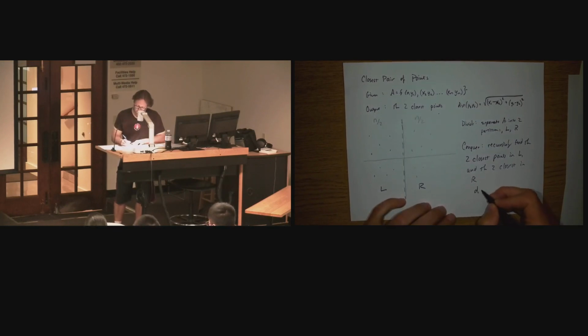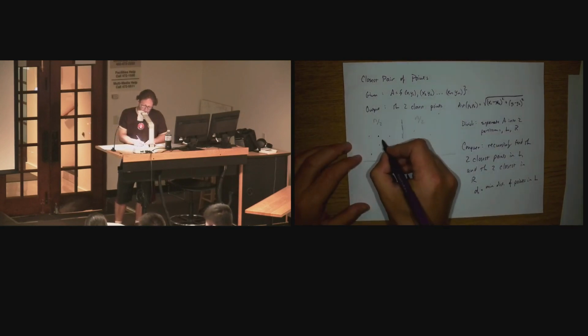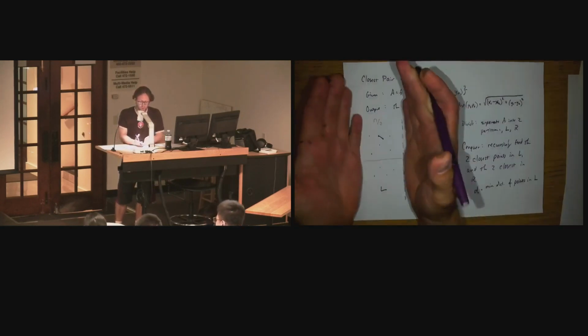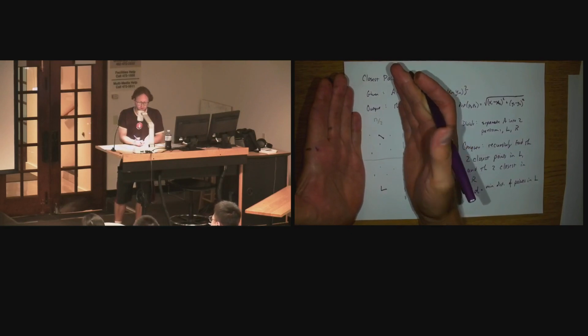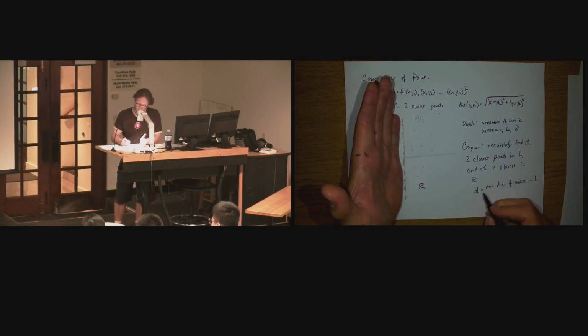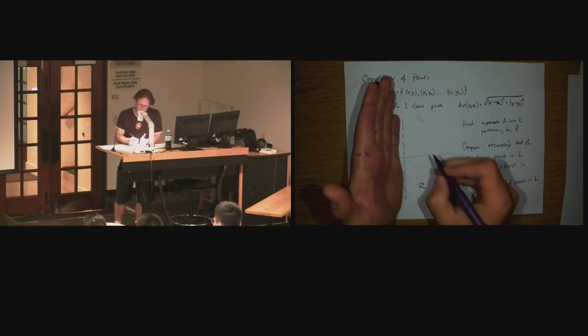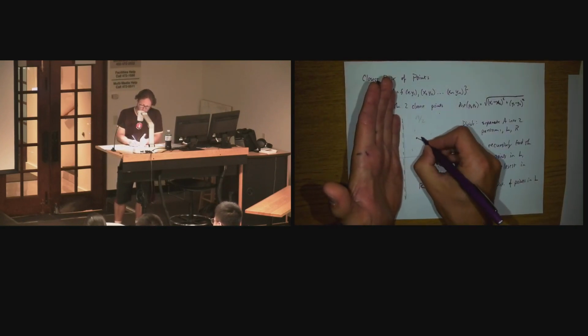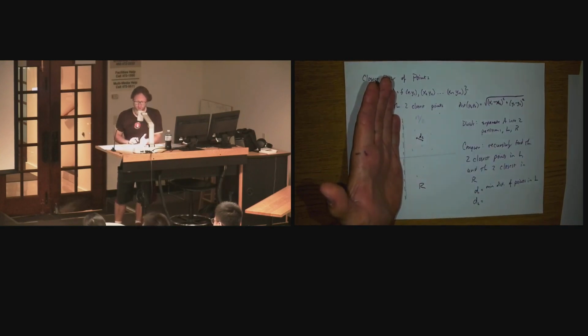Suppose that D1 is the min distance of points in L. In other words, suppose that I found these 2 points right here. These are the two closest points among these points over here. I'll call this D1. Now, independently here, suppose that I found D2, these 2 points over here. These are the two closest points in this partition. This is going to be the min distance of points in R.